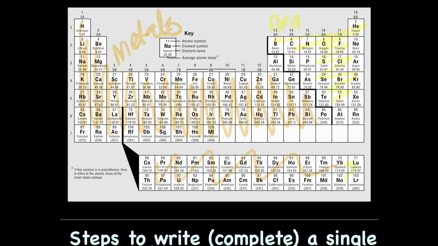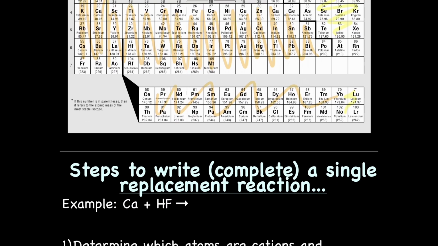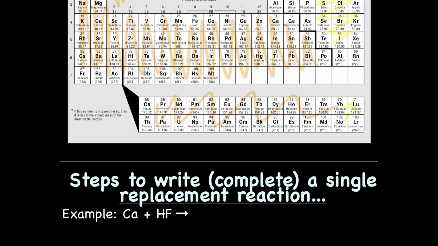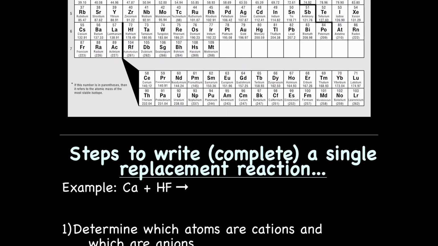All right, so let's try this. Let's go through the steps to write or complete a single replacement reaction. And we'll go through the steps at the same time we'll go through the example of calcium plus hydrogen fluoride. All right, so here we go.